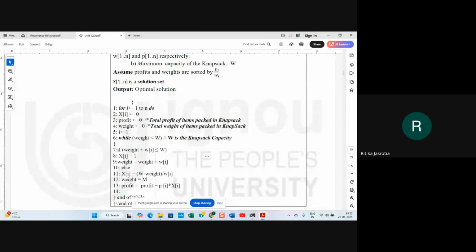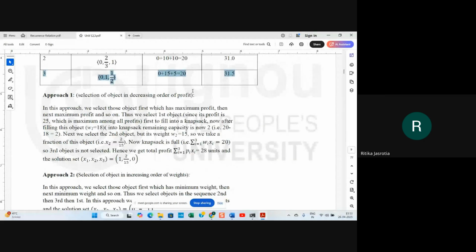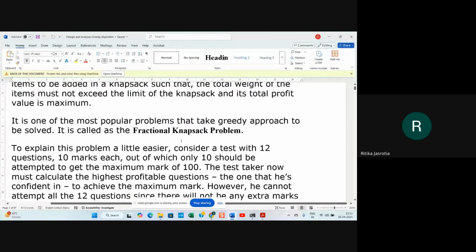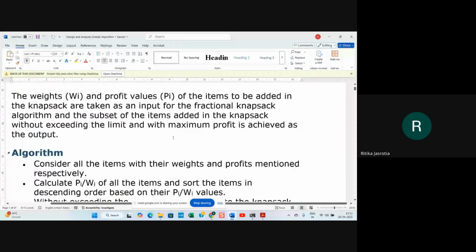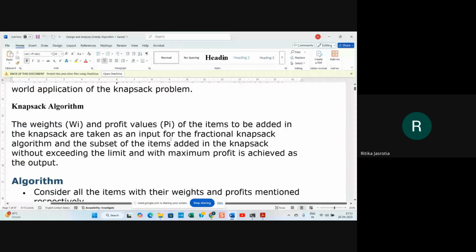That is what they are talking about, and that is what fractional knapsack is. This is what the third approach is, the fractional knapsack solution, right? So here again we are talking about fractional knapsack only. The algorithm takes the weights and profits of the items to be added in the knapsack as input.